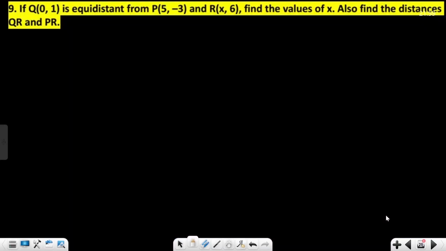Okay. Question number 9. You can solve this question yourself. I give you just simple information. The Q point is equidistant from 2 points. Suppose here is point P and here point R, anywhere. Suppose that here is point Q, 0 and 1.